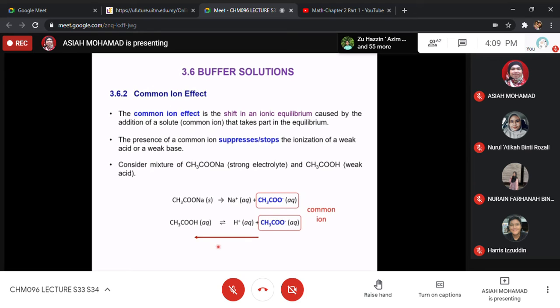As you can see here, the shift from right to left in the equilibrium of acetic acid ionization is caused by the acetate ions from the salt. In this case, acetate ion is the common ion because it is supplied by both acetic acid and sodium acetate.